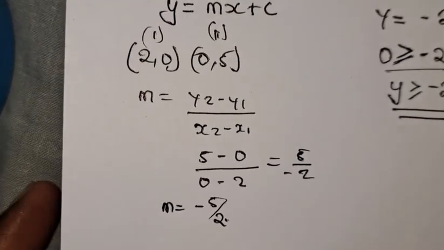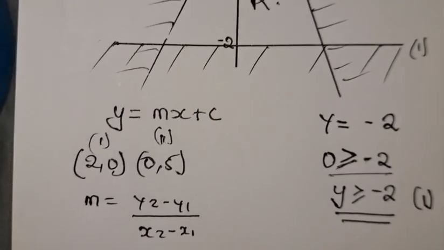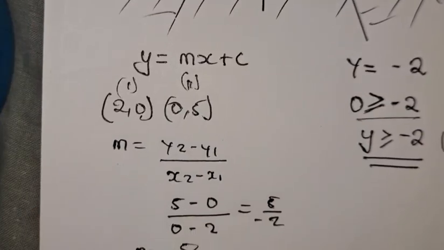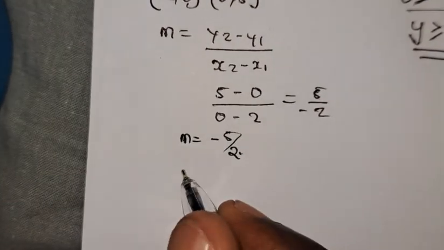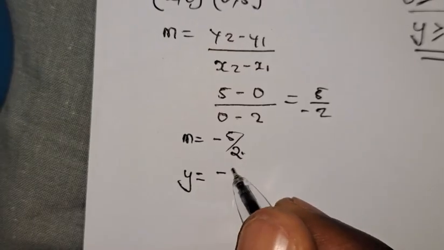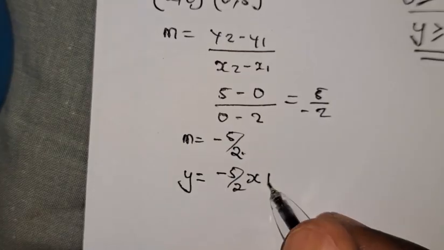So then from there, I have to rewrite this formula here. Where there's m, I'm going to replace it with -5 over 2. So I'm going to write something like y is equal to -5 over 2x, then plus c.